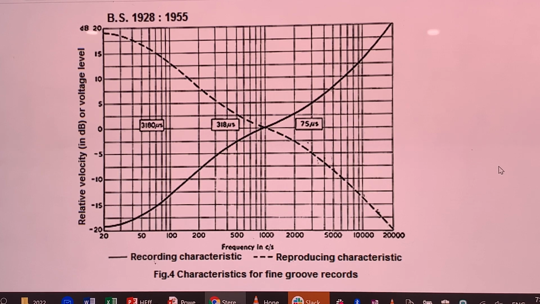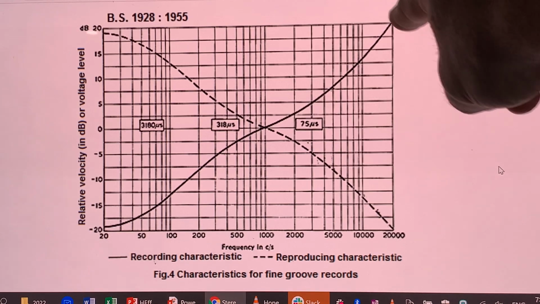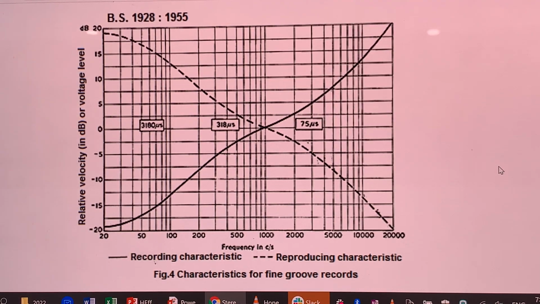So the benefit is that on the record the high frequency material has a much elevated representation. The quality at which the high frequency is stored on an LP is very high, very dense.